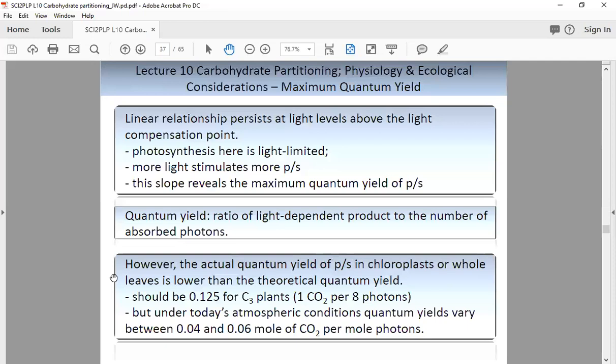But under today's atmospheric conditions of about 390 parts per million of carbon dioxide and 21% oxygen, the quantum yield for both C3 and C4 plants varies between 0.04 and 0.06 mole of carbon dioxide per mole of photons. So why is this actual quantum yield much lower than the theoretical yield?